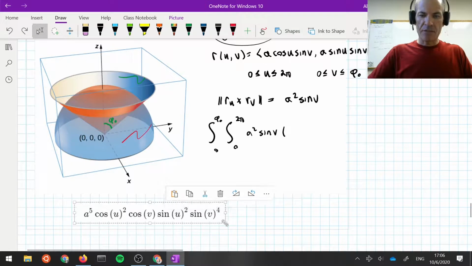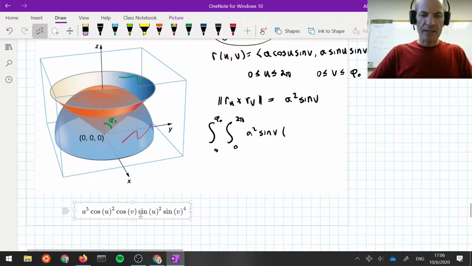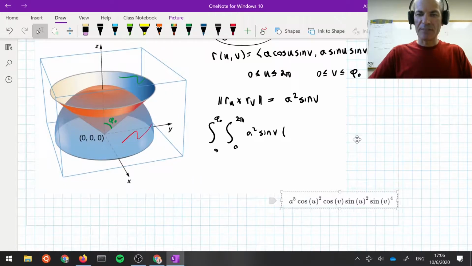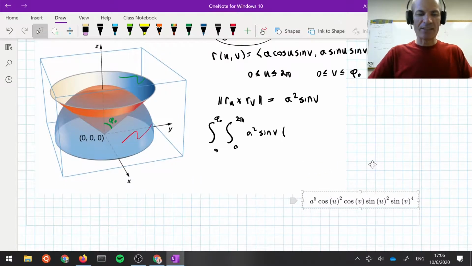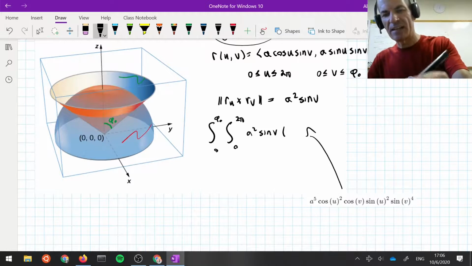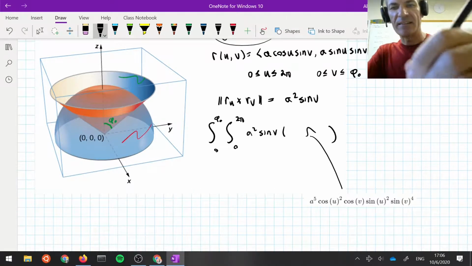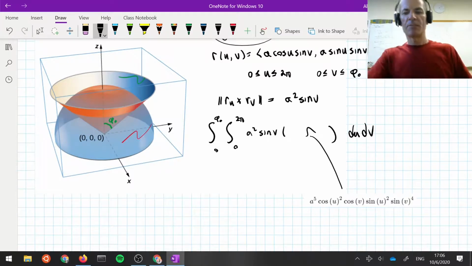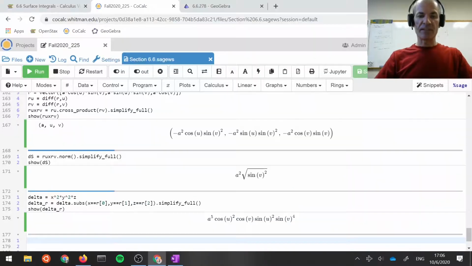Let's make this a little bit smaller here. Drag it up to where we want it. Nope, it's not going to let me drag it up there. So annoying. Okay, so put this right up here. And then we're integrating with respect to u first, and then with respect to v. Again, another nasty trig integral here. Let's see what Sage has to say about it.